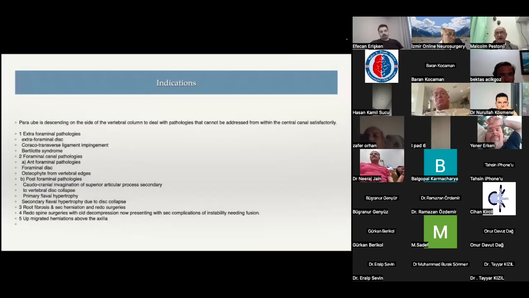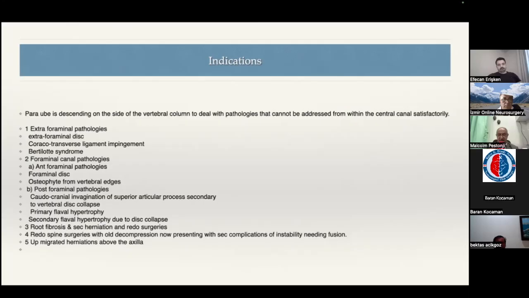Para-UBE is descending on the side of the vertebral column to deal with pathologies that cannot be addressed from within the central canal satisfactorily. So what are they?